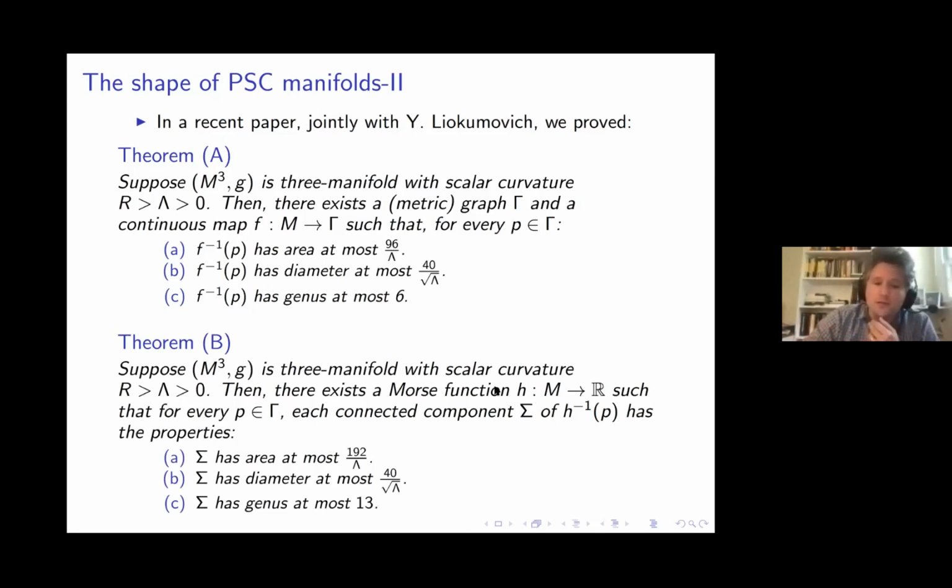There we control the area, diameter, and genus of the connected components of the level sets. The level sets are not necessarily connected, and the result is only for the connected components. Right. So any questions about our result, what we want to prove?